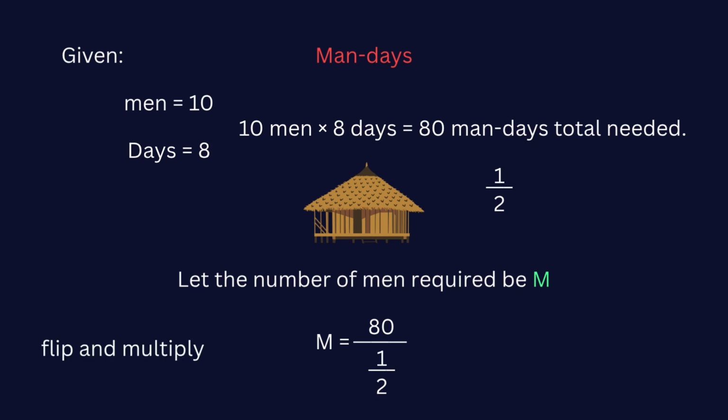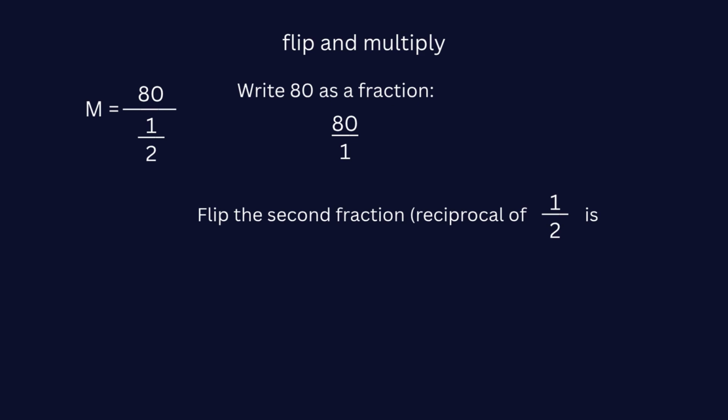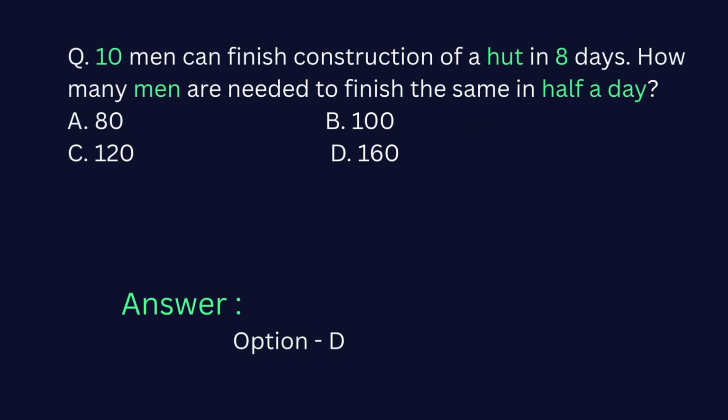I can do the flip and multiply method, meaning I write 80 as a fraction, 80 divided by 1, and then flip the second fraction, the reciprocal of 1 by 2, which becomes 2 by 1, and then multiply. So 80 divided by 1 times 2 divided by 1 gives me 160. So the number of men needed to finish building the hut is 160 men. If we look at our options, we see that option D is the correct answer, which is 160.